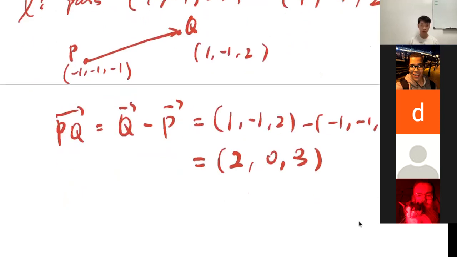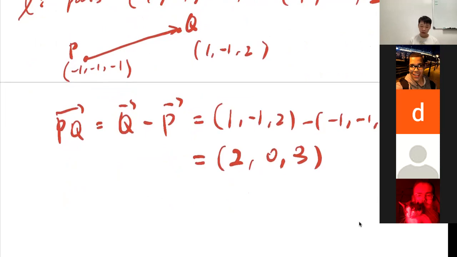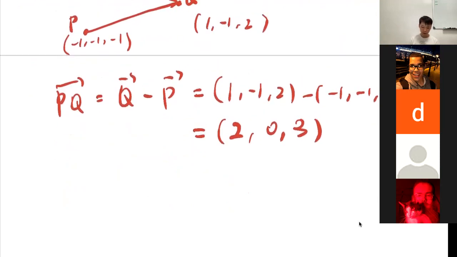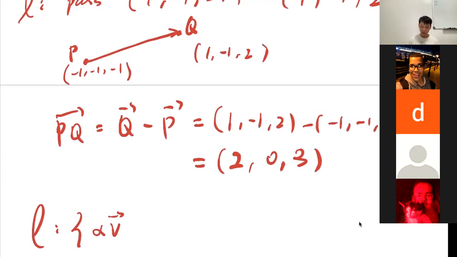Yes, that's correct. So now you know the line is parallel to this vector.